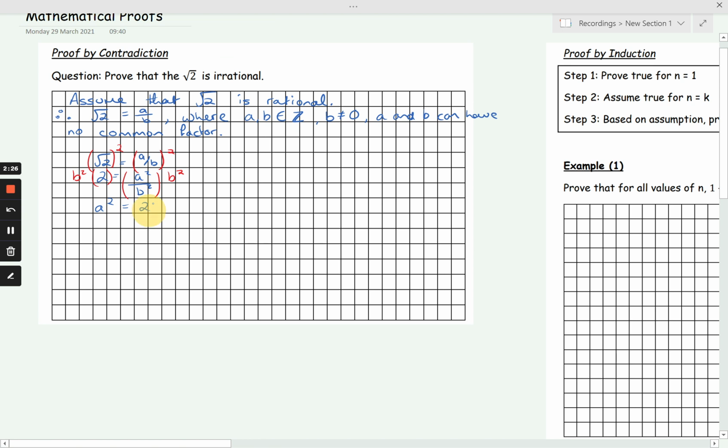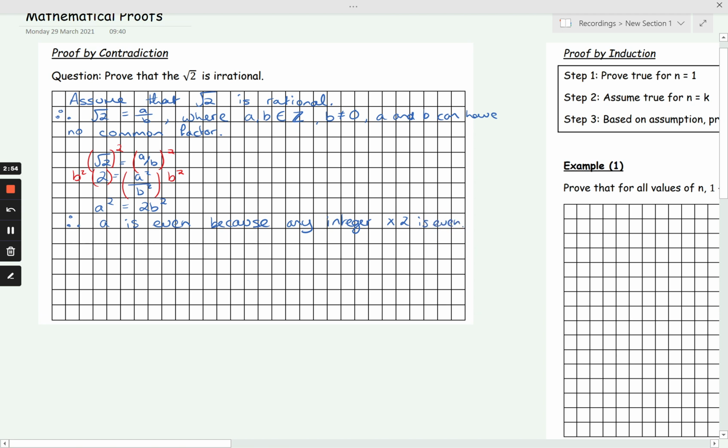Now, if a squared is equal to 2b squared, and we know that b is an integer, any integer multiplied by 2 shows that a is going to be an even number. So we can say, therefore, a is even because any integer times 2 is even.